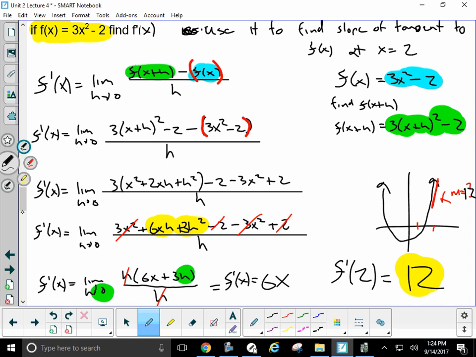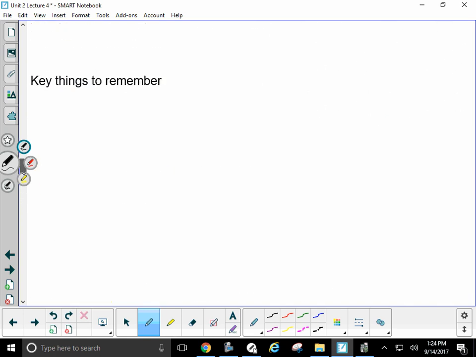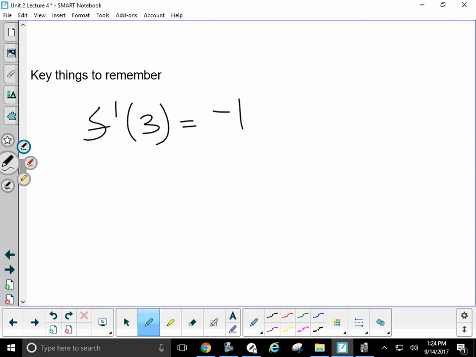Isn't that cool? I think it is. Here are some key things to remember, okay? If I said f prime of 3 was negative 1, this is saying the slope of the tangent to the function.